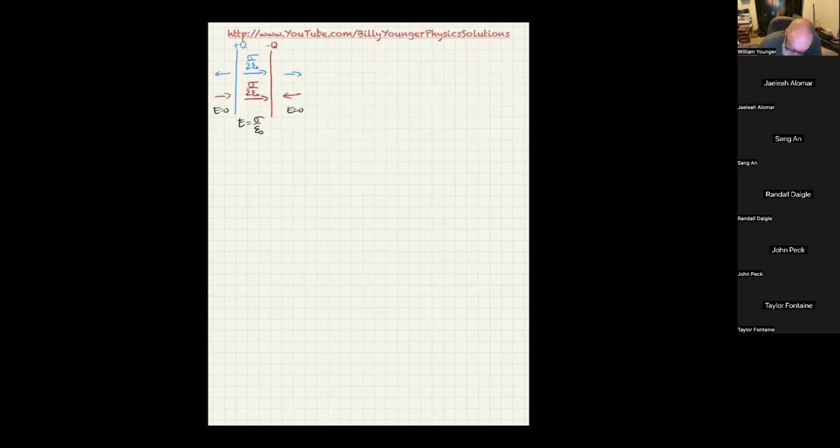So now I want to use delta V equals V_B minus V_A equals negative integral of E dot dL. And I'm going to do that assuming my drawing is like this. There's my x-axis, there's my y-axis, there's my positive plate, and here's my negative plate.